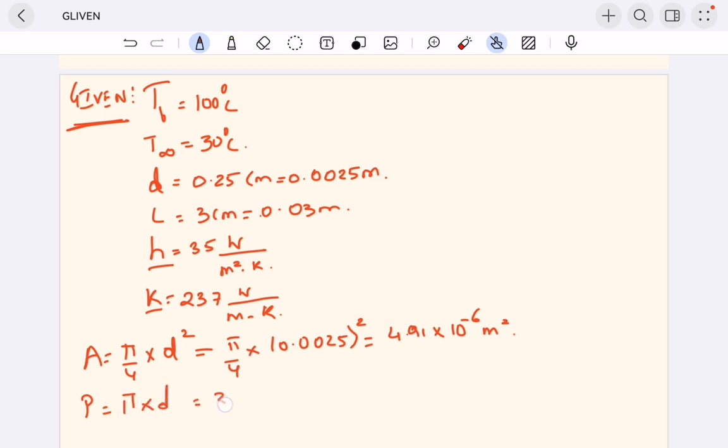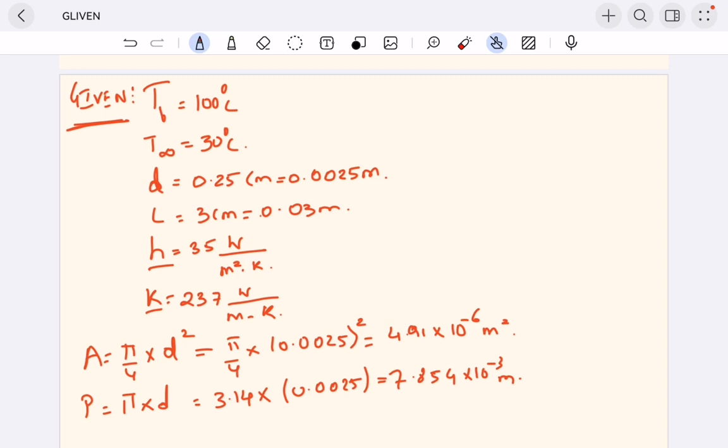So 3.14 times the diameter 0.0025, that is 7.854 times 10 power minus 3 meter. So this in summary is the given data. Now from this data we need to find the efficiency of the fin, the Q, and the overall effectiveness of the fin.